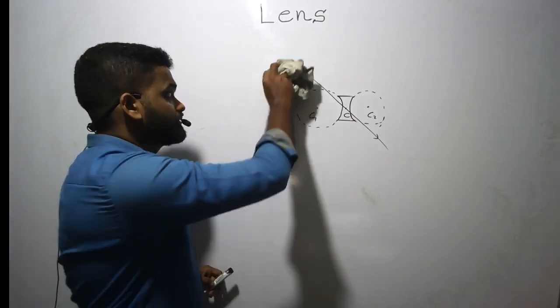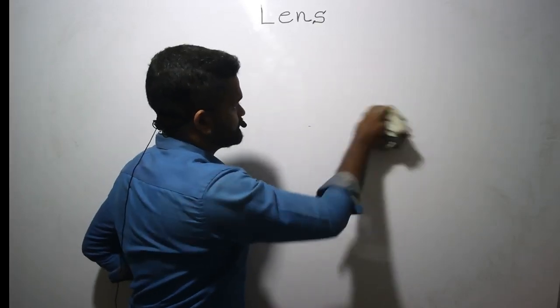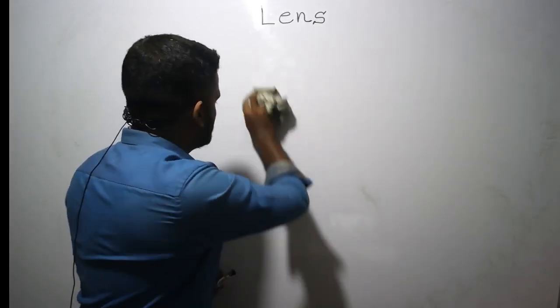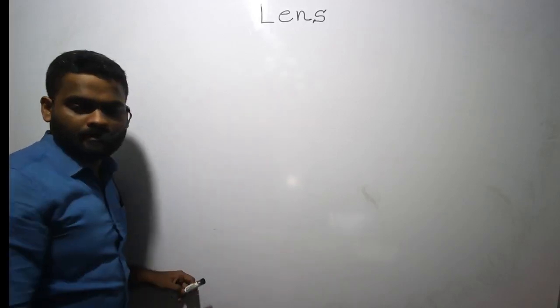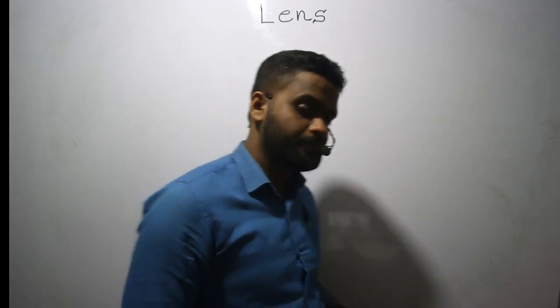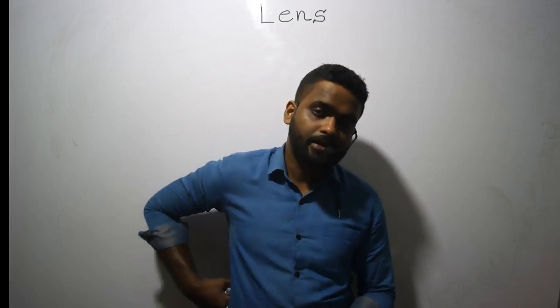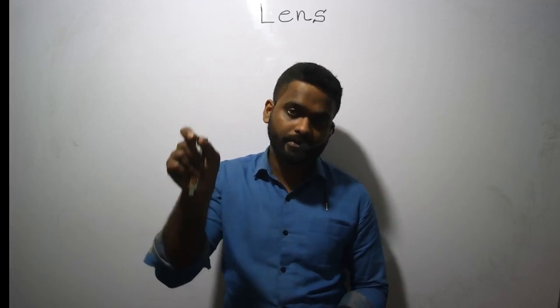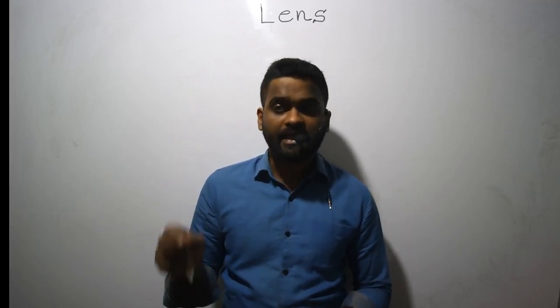Within brackets capital F. Under that, any lens has a primary focus, within brackets f1, and a secondary focus, within brackets f2.